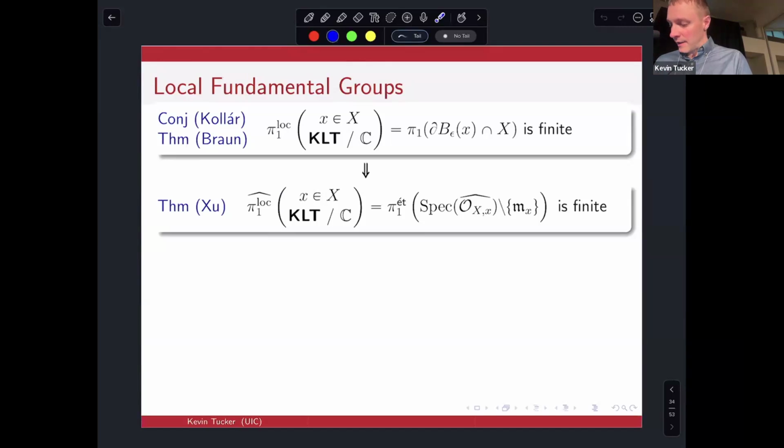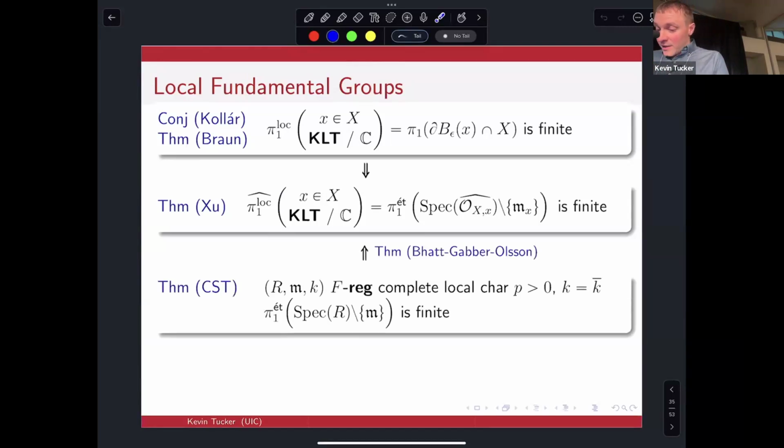So that was the story in characteristic 0. In characteristic p, we proved a similar theorem: the analog of this local étale fundamental group is finite for F-regular singularities in characteristic p.